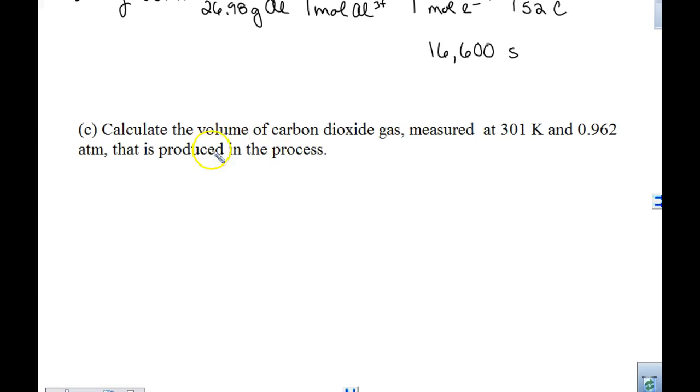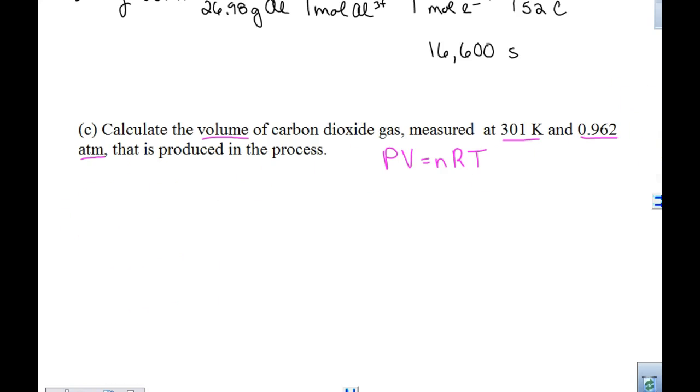So in order to get the volume, this is not at standard temperature and pressure, we're going to have to use the ideal gas law, PV equals nRT. And we have been given the temperature, we've been given the pressure, we are looking for volume, and we can figure out the value of R from our equation sheet, but we don't have the number of moles. That's where we're going to have to use stoichiometry to go from the mass of aluminum to the number of moles of carbon dioxide.